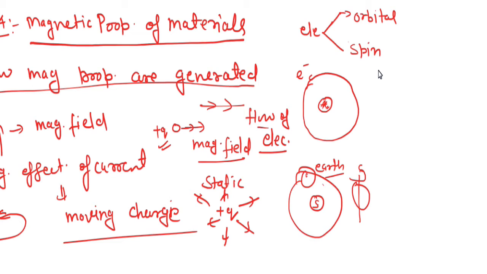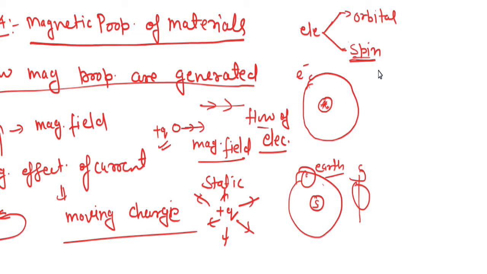Electron has two type of motion. First one, orbital, moving around the nucleus in circular orbits, and second one is spin motion. You can compare with Earth, spinning about its axis.